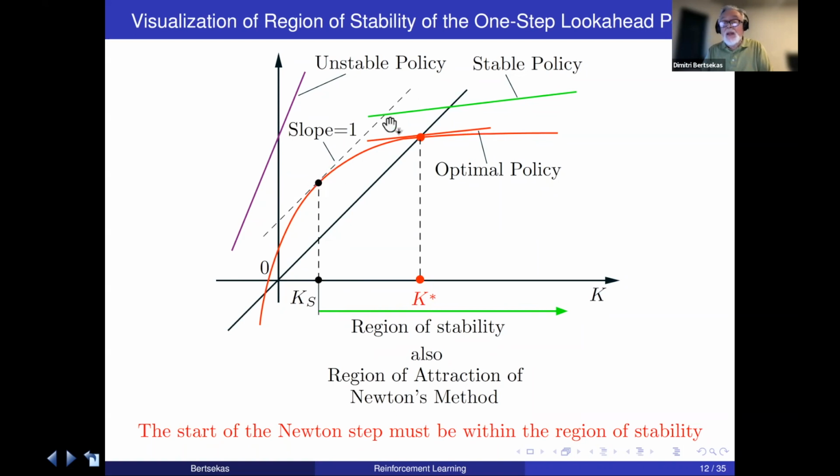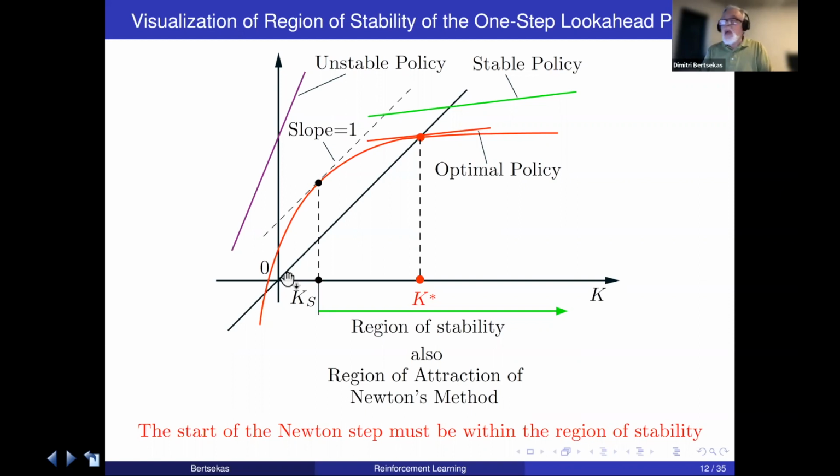The line parallel to the 45-degree line. If you start to the left, then you get a stable policy. You start to the right, you get an unstable policy through approximation in value space, and that's very bad in control theory, very bad in general, okay? It's a failure for the approximation scheme.